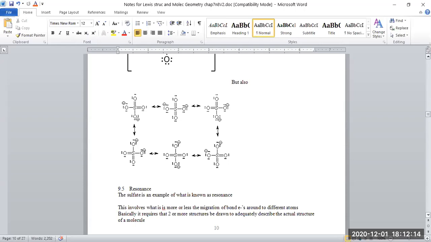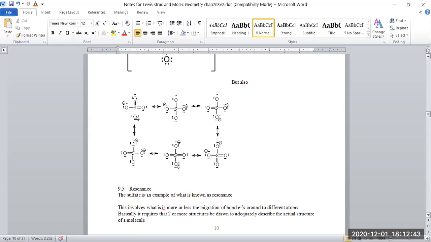Let's back up a couple of chapters. When we were talking about precipitation reactions, one of the things we said is if you had, for instance, a sodium pair of molecules and then a sulfate, Na2SO4, the 2 sodiums fall off, but the sulfate doesn't fall apart, not in just water.